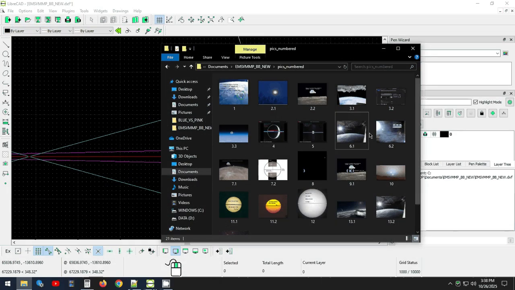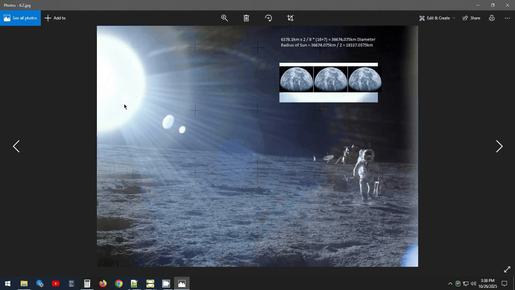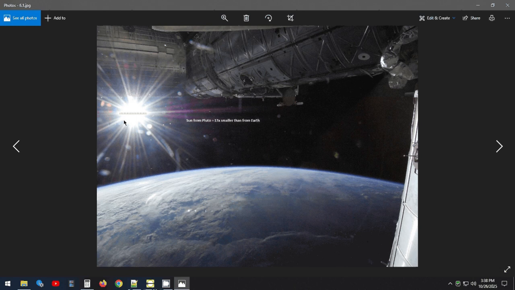So what I had to do in order to find the distance to the Sun is, in this photo here, the Sun is actually bigger than in this other photo. So what that means is this is from our Earth orbit.